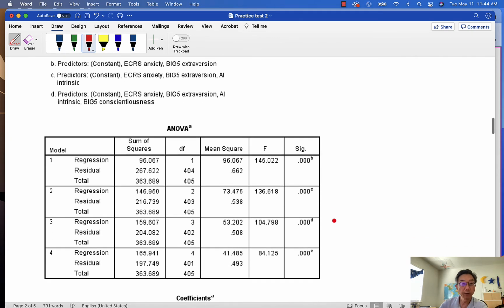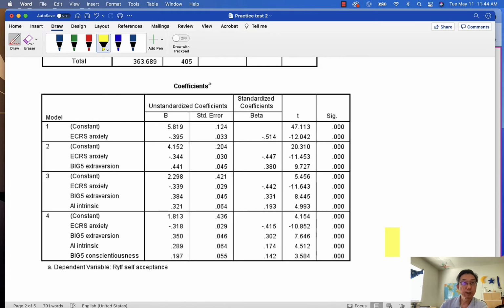And of course, we have ANOVA. You notice that in this case, all 4 models were statistically significant. And we also have this coefficient table. One thing you'll notice is that in all 4 models, all predictors were statistically significant.